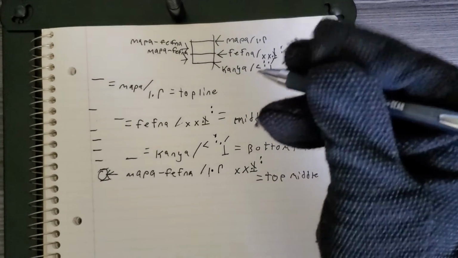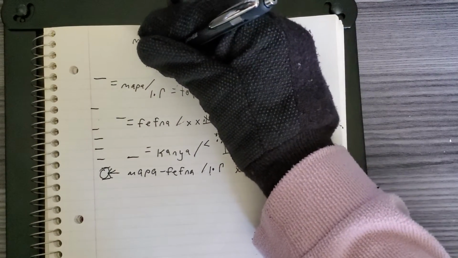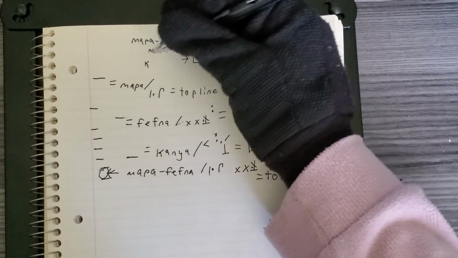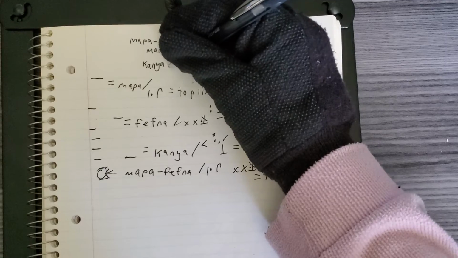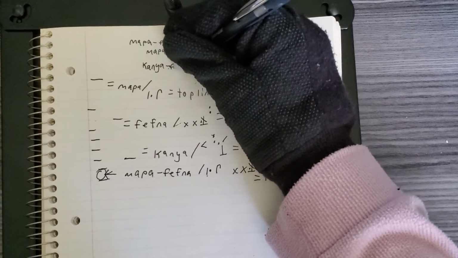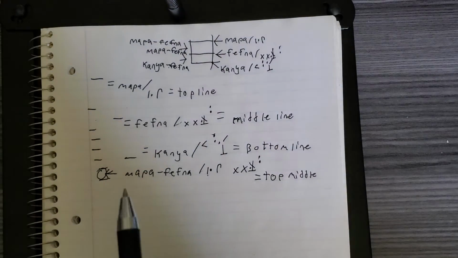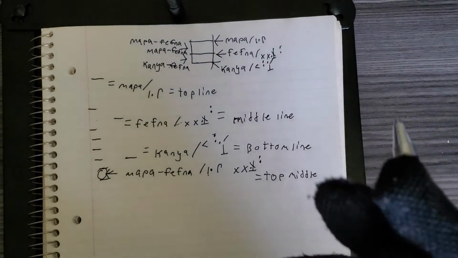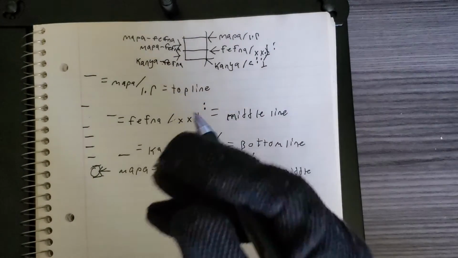Okay, you ready? Our last area, our last space is known as kanya-fefna. It's a hyphen, fefna. Kanya-fefna. And this is the middle bottom, like the bottom middle.